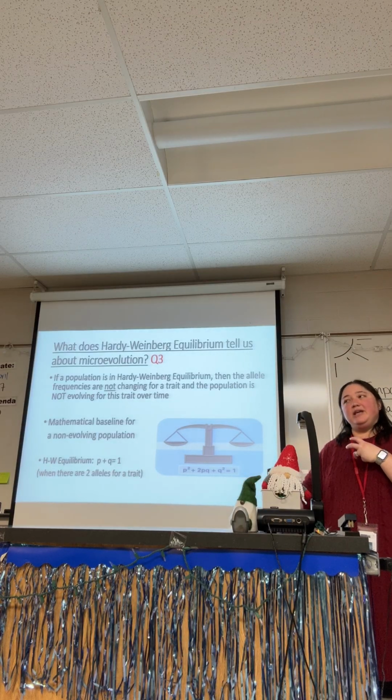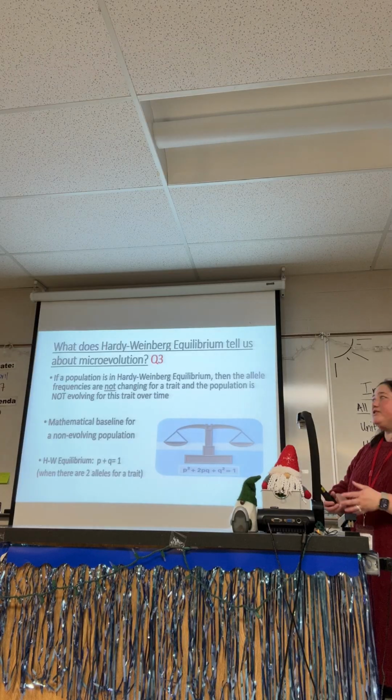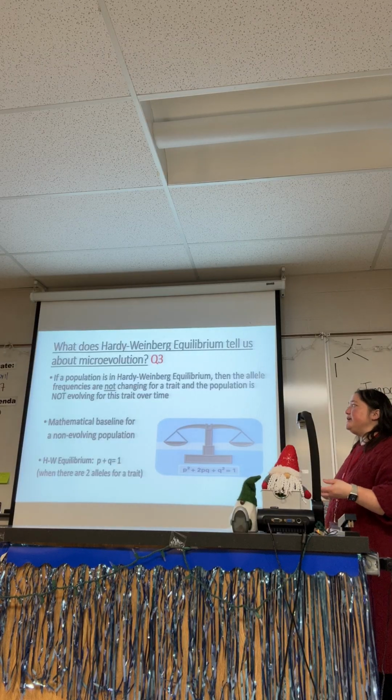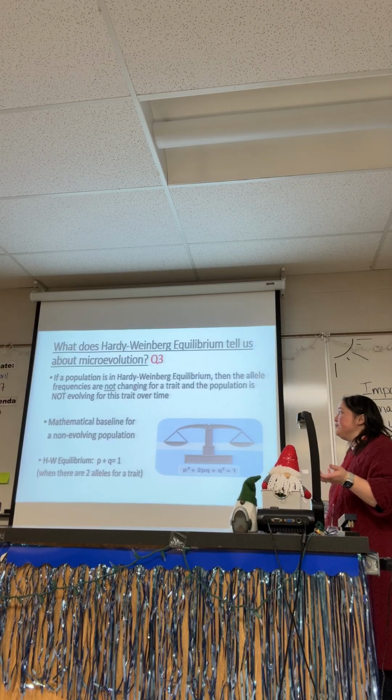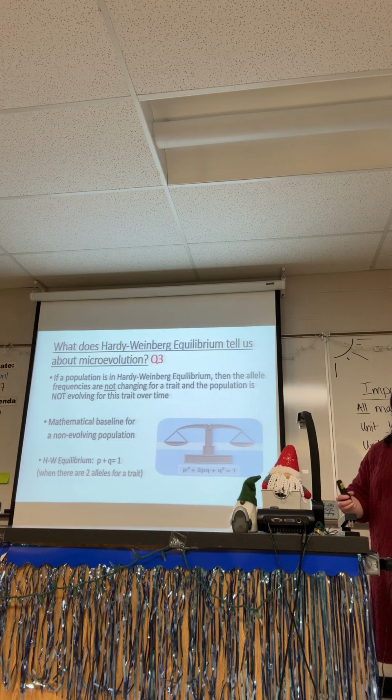If we violate that, break those rules, then that's when we would see evolution occur, because those allele frequencies are going to change over a long period of time. So if a population is in Hardy-Weinberg equilibrium, allele frequencies are not changing at all for a specific trait, and the population is not considered to be evolving because it's not changing over time.